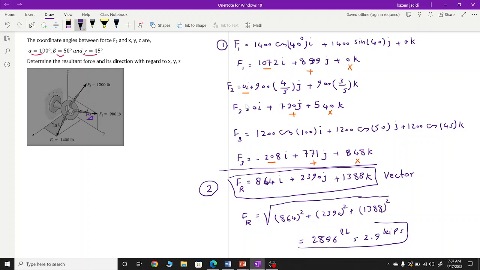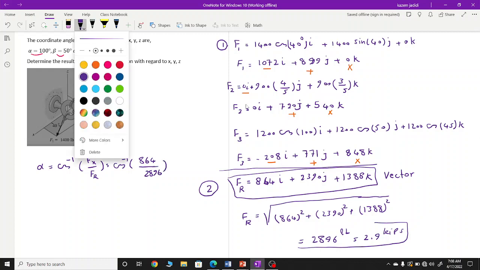Now, it's asking for the direction of the force. So direction of the force means finding alpha, beta, and gamma. Alpha is cosine inverse of Fx over FR, and that's equal to cosine inverse of Fx, which is 864, divided by 2896.